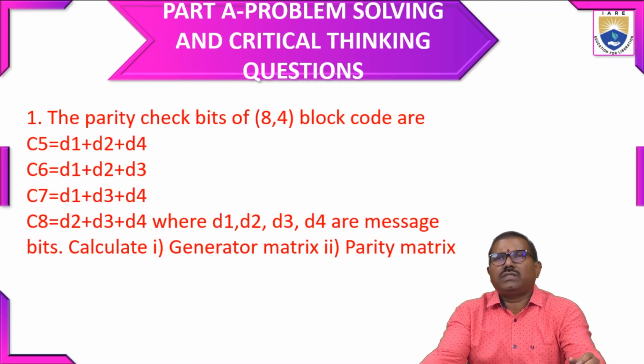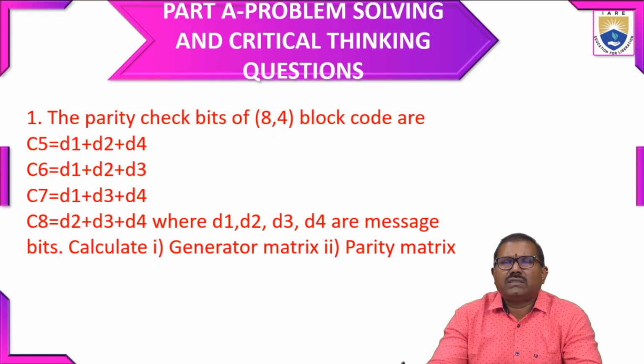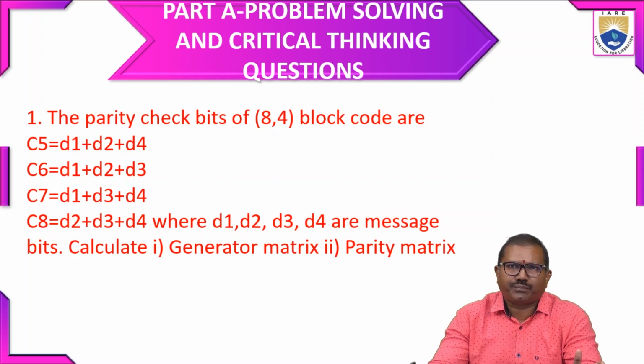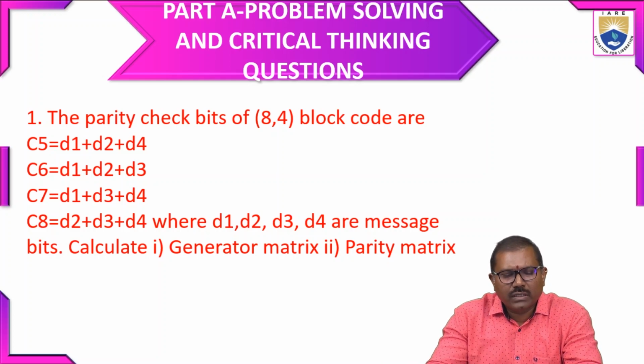We already know that the question bank consists of 3 parts in every module. The first part is problem solving and critical thinking questions, part B is long answer questions, and part C is short answer questions. Here we are going to solve the critical thinking questions. What is the first one?